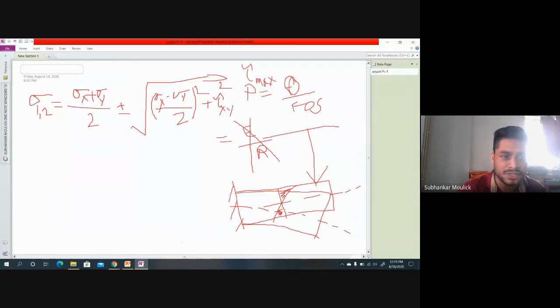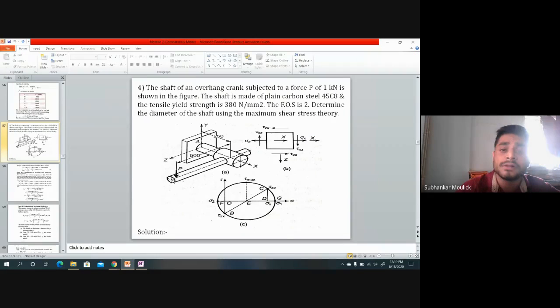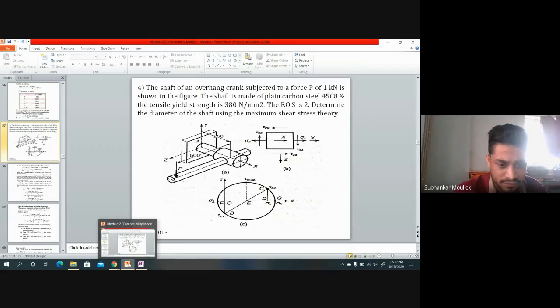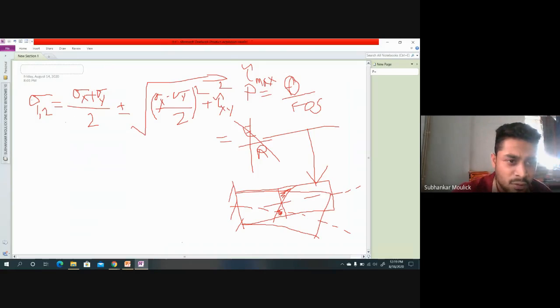So in this expression, sigma x will remain sigma x, and sigma y will become sigma z. Since there is no sigma z in the problem, there are no normal stresses acting along the z direction. Only shear stress is acting in the z direction. So in this expression, sigma y is 0.